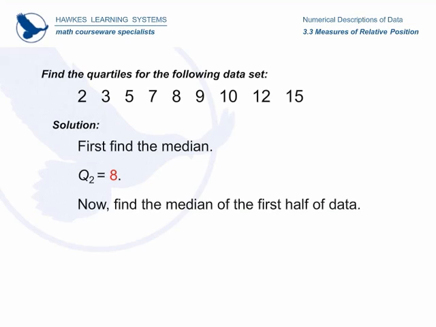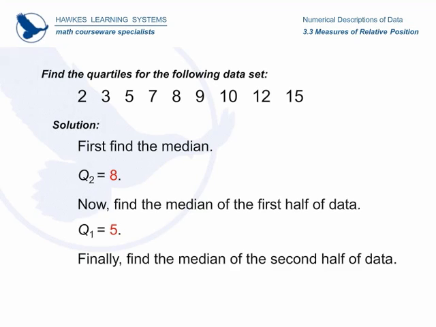Now we need to find the first half of data, and we can see the first half of data would be represented by Q1 equals 5. 5 is right there in the middle between 2, 3, 5, 7, and 8. 5 is directly in the middle of the first half of data.